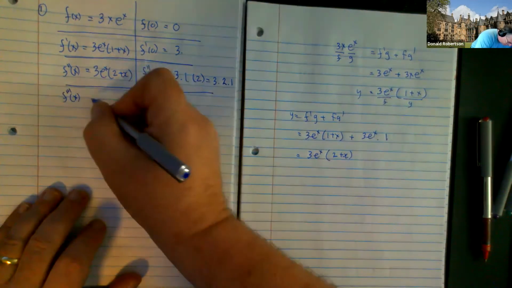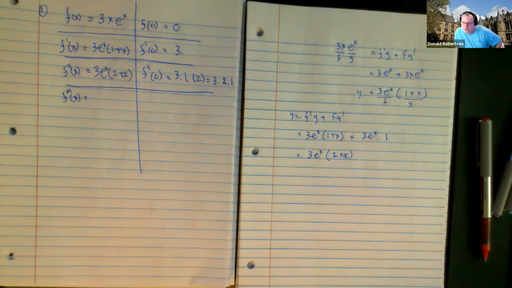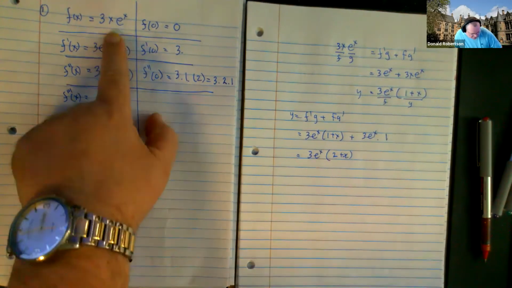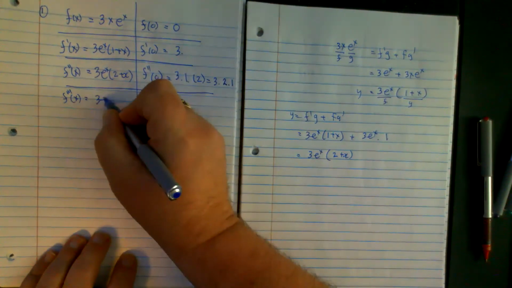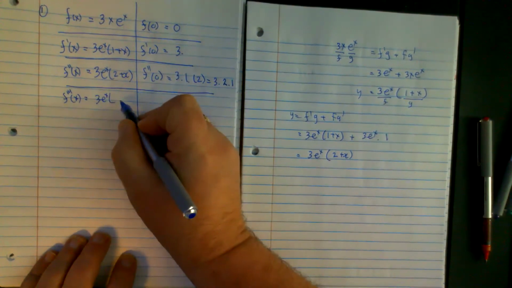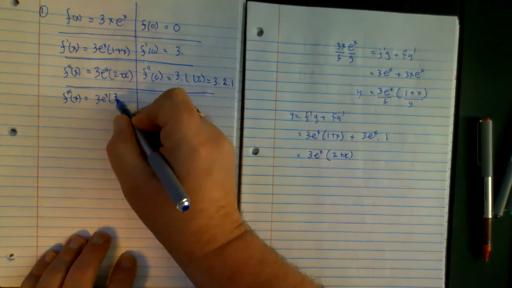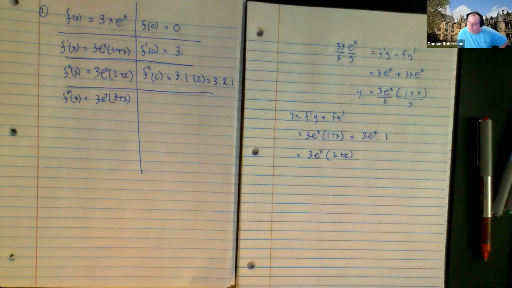Can I just tell you that I know what the next answer is going to be because I can see a pattern? Right? 3e to the x, and is that going to be in parentheses of 3 plus x? Yes.